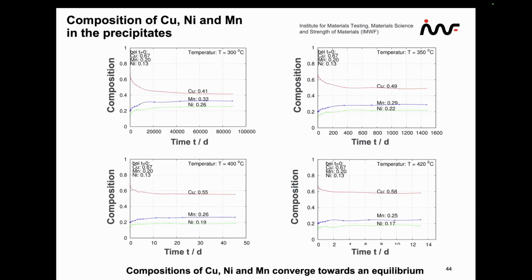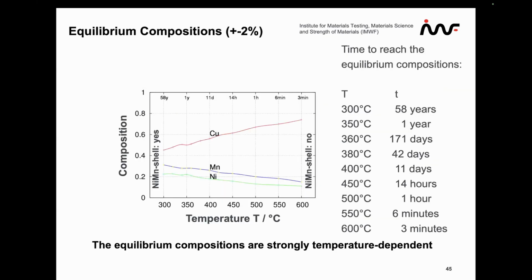And you can follow the composition of the precipitates for each temperature from 300 to 420 with the different equilibrium concentration of copper, nickel, and manganese in this situation, maybe even better seen in this plot, where copper concentration is increasing, manganese and nickel is decreasing as a function of temperature in the equilibrium situation.